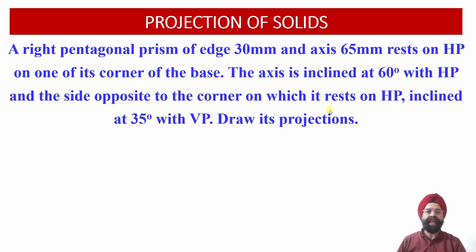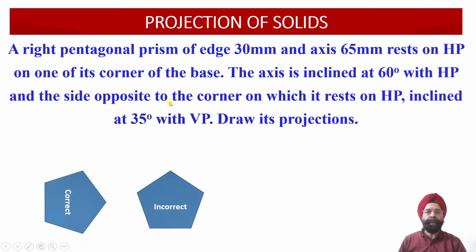Now this pentagonal prism is resting on horizontal plane on one of its corners of the base and the axis is inclined at an angle of 60 degree with respect to the horizontal plane, whereas the side opposite to the corner on which it is resting onto the ground or onto the horizontal plane, this is inclined at an angle of 35 degree with respect to the vertical plane.